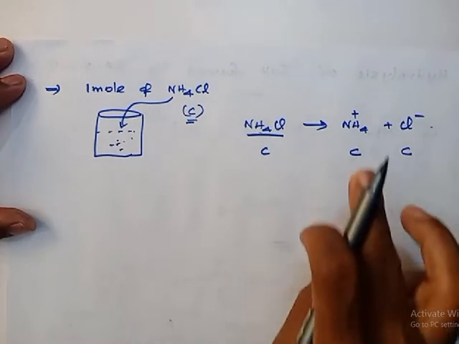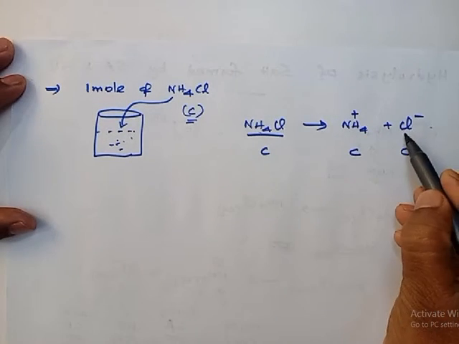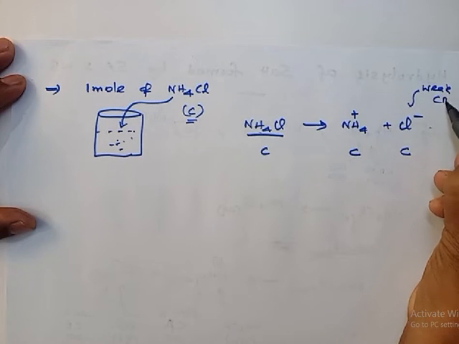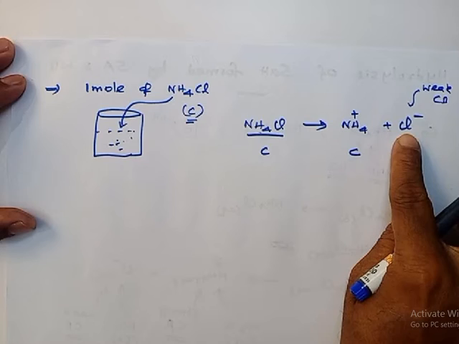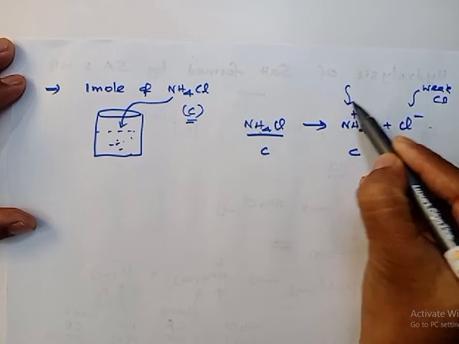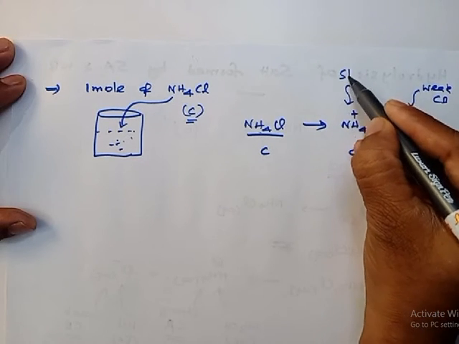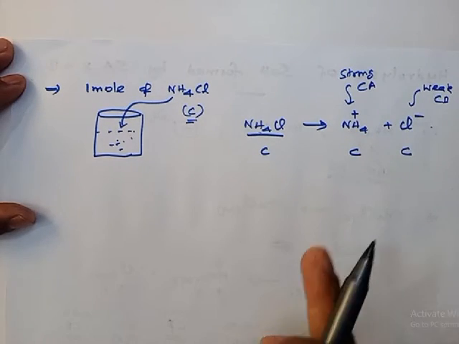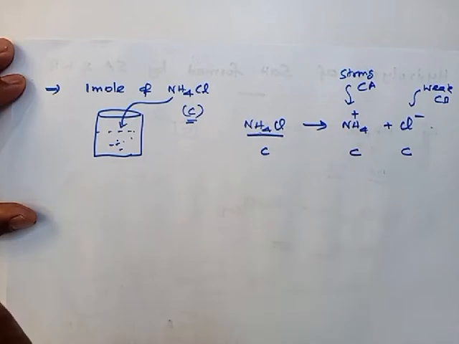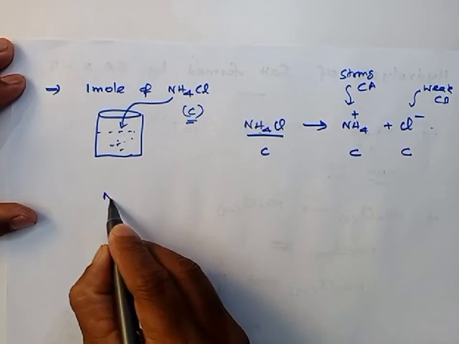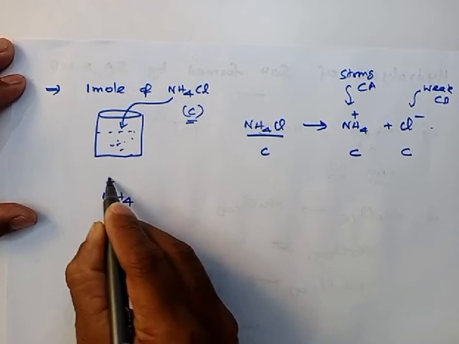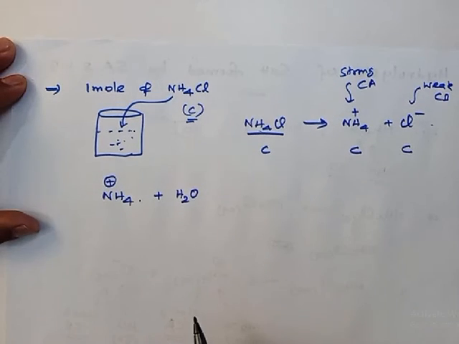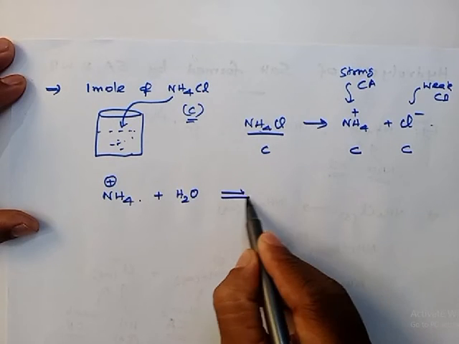Now, I have told you chloride ion is a weak conjugate base, so it does not react with the water, whereas ammonium ion is a strong conjugate acid. A stronger conjugate ion will react with the water. So ammonium ion reacts with the water and undergoes this reaction.